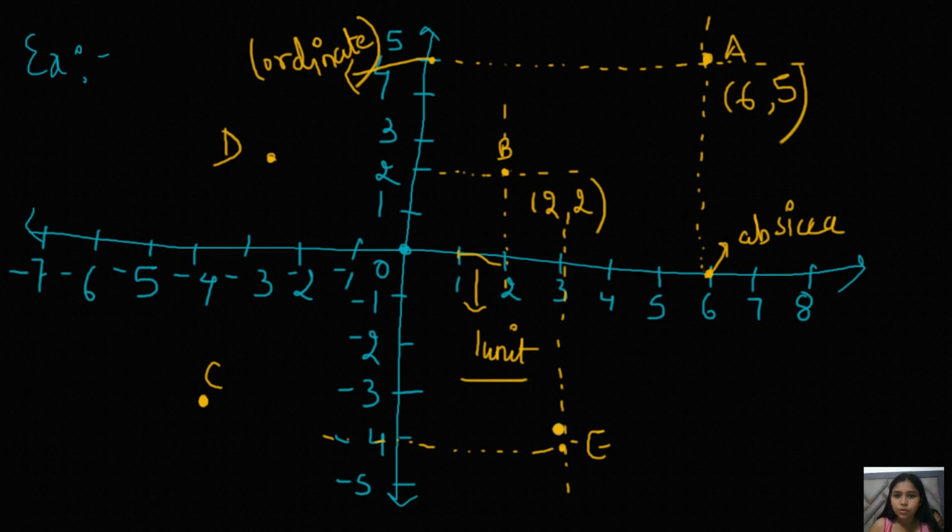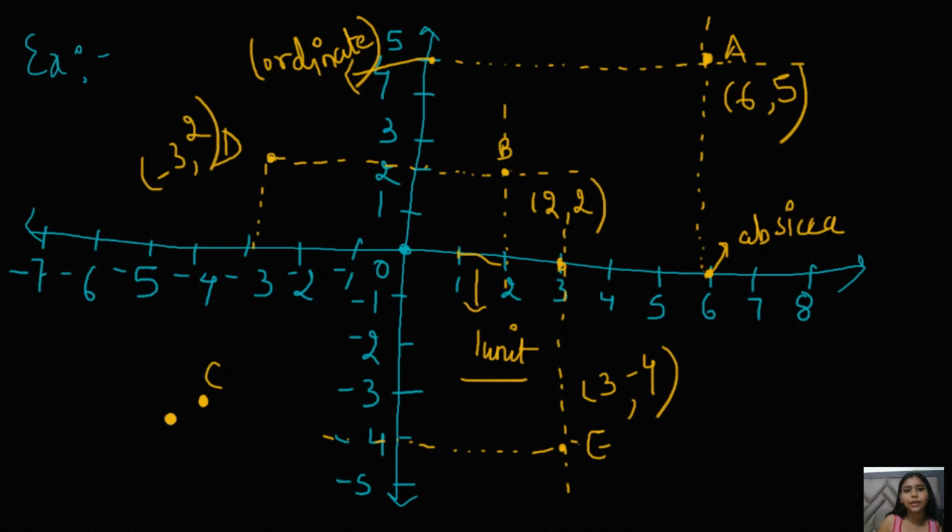On the x-axis it is touching 3, so 3 is the abscissa and -4 is the ordinate. Now this is also the same case. -3 we see on the x-axis and 2 on the y-axis, and in this case we see -4 on the x-axis and -3 on the y-axis.